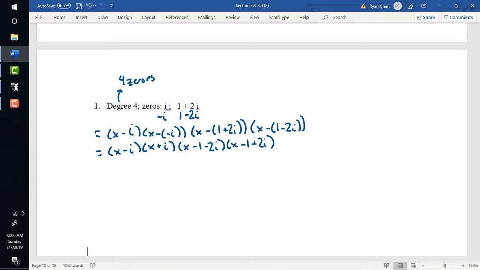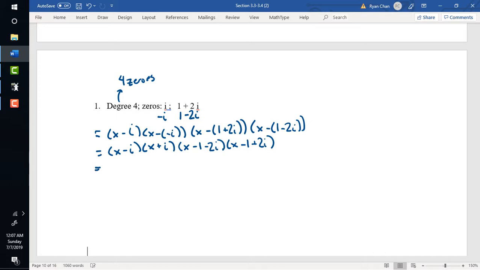And then the x minus 1 plus 2i and x minus 1 minus 2i, I multiply those together. I don't want to cross multiply the i's and 1 plus 2i's because they're not conjugate pairs of each other. I'm not going to multiply the first and third or second and fourth. I just want to make sure that the same pairs are being distributed out.